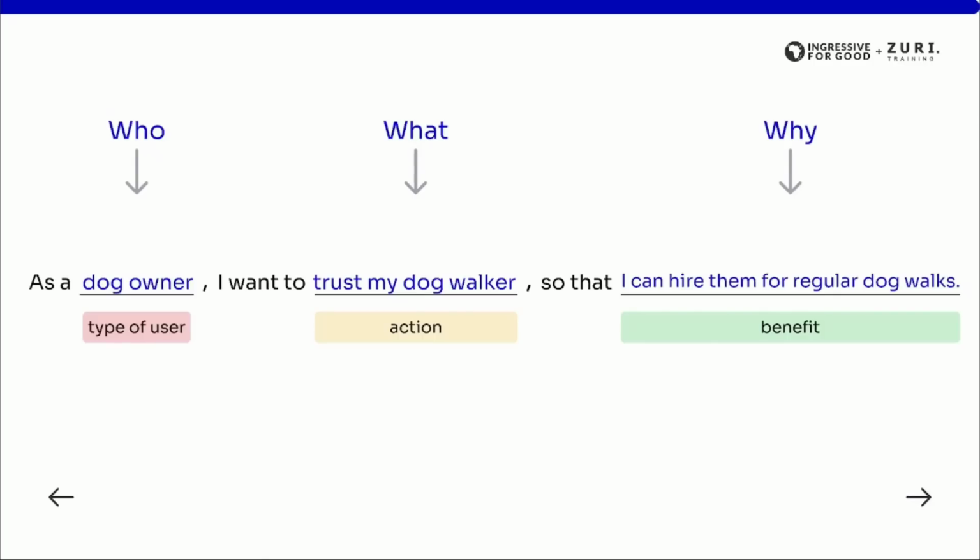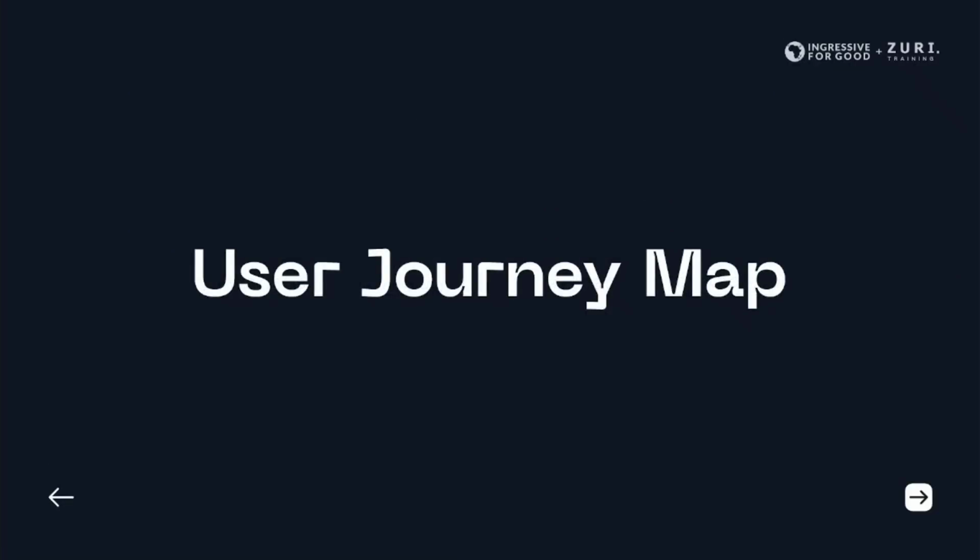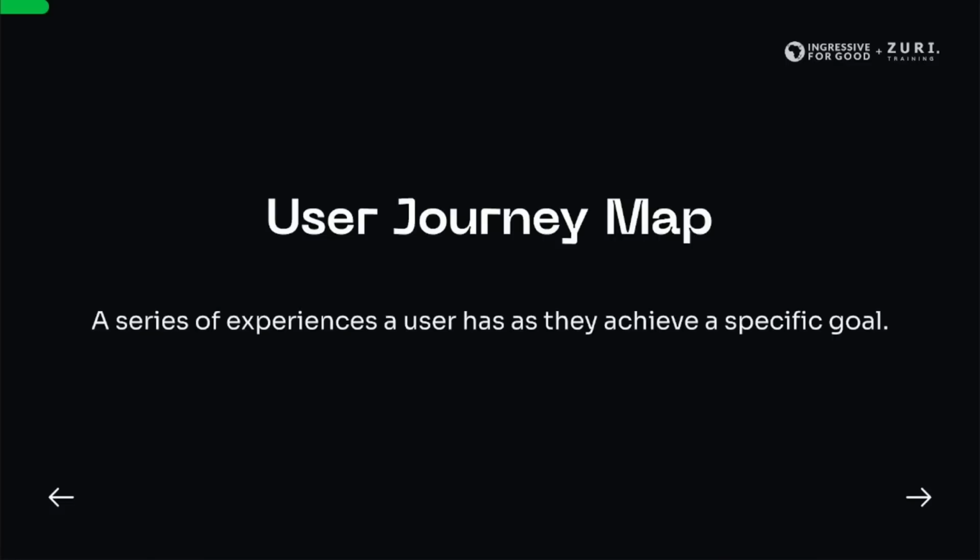So now you know what a user story is, why it is important, and how it is structured. Let's transition into user journey map. A user journey is a series of experiences a user has as they achieve a specific goal.